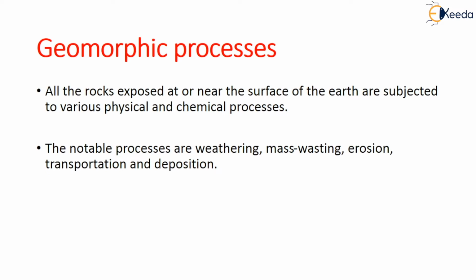So what happens is all these rocks will get exposed at or near the surface of the earth, which are subjected to various physical and chemical processes, sometimes biological processes also. A few important processes are weathering, mass wasting, erosion, transportation, and deposition.